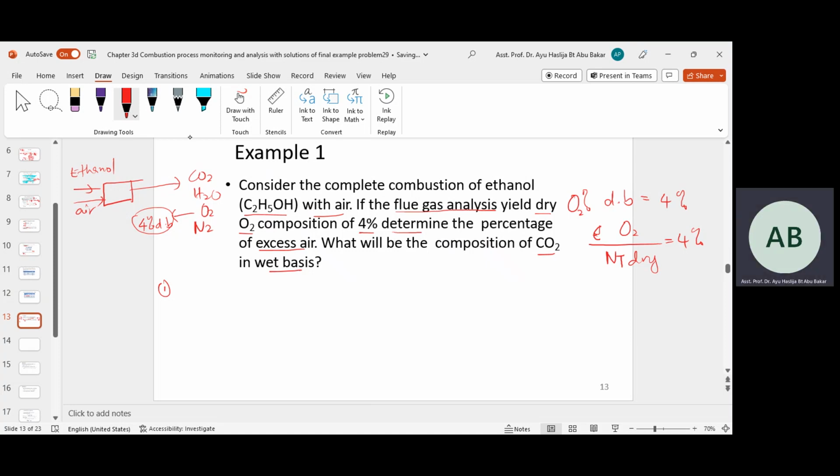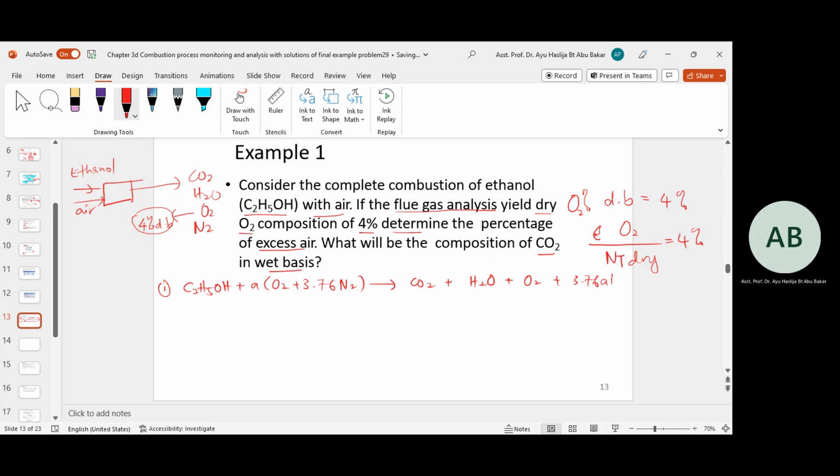Now it asks you to determine the percentage of excess air. First thing first, always write the combustion equation first. What is the A over here?